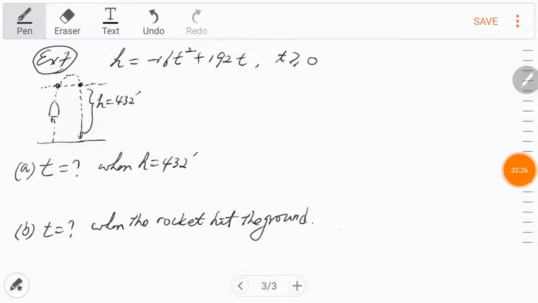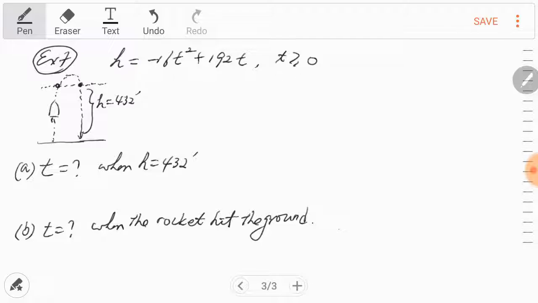Okay, this example is about finding the height of a rocket. If a rocket is launched straight upward, and once it goes up, it will fall down and later hit the ground. The function h represents the distance from the ground to the rocket, and that is given.